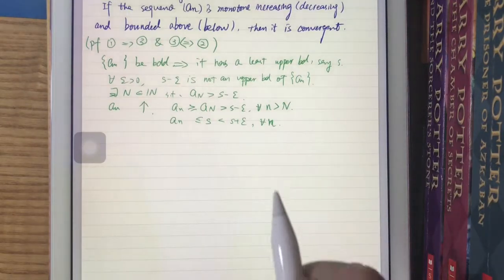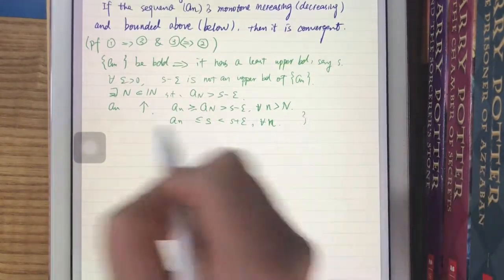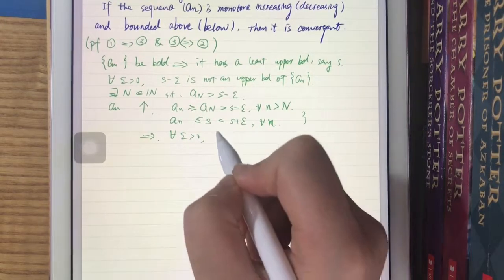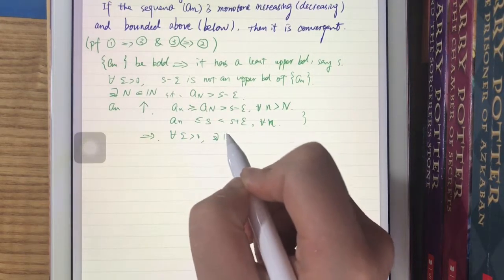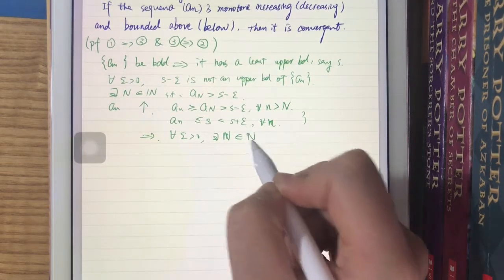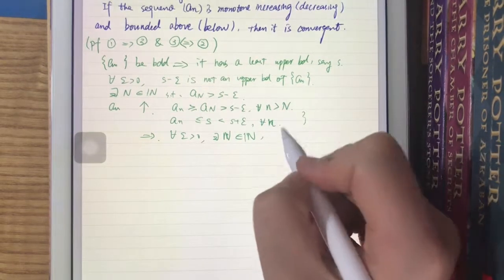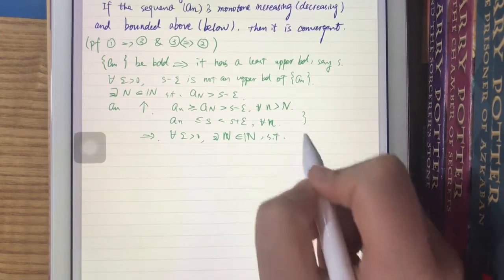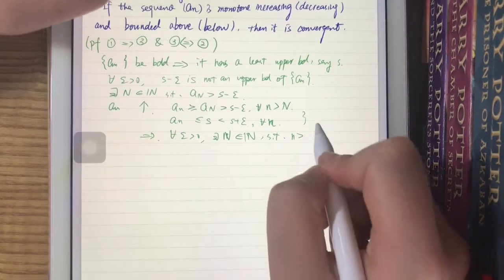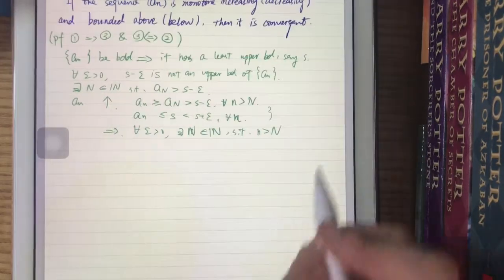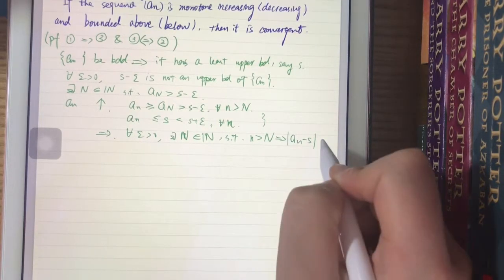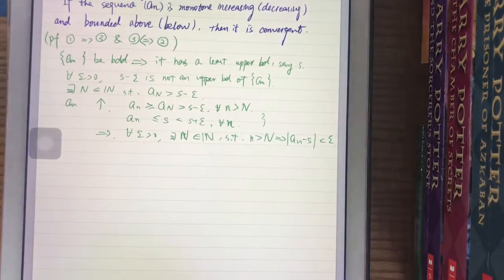So this implies that for any epsilon larger than 0, there exists an N, which is a natural number, such that when n is larger than the capital N, we have |a_n minus S| is smaller than epsilon, right?